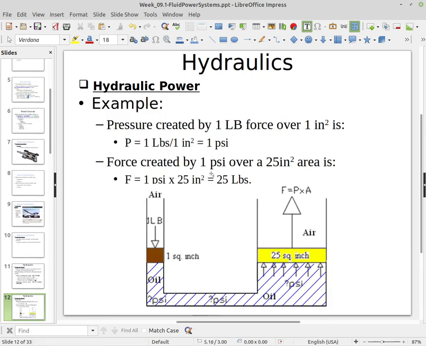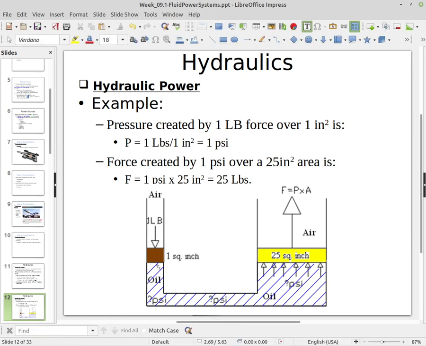Alright, but how does this work? Well, if we have a closed-in area, remember Pascal's law talked about a closed-in area. So if we have this closed-in area here, and on the left side I have 1 square inch, I have 1 pound pushing down on 1 square inch.